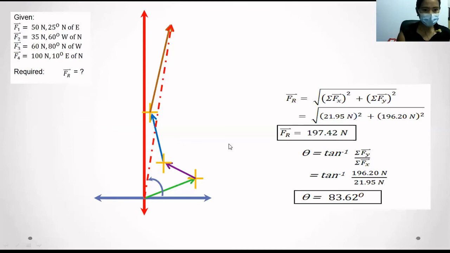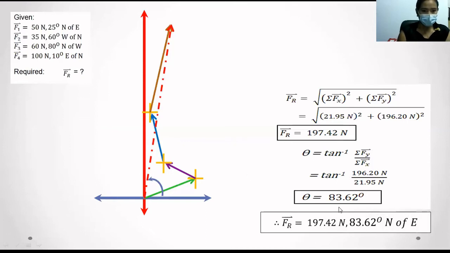Okay, let's continue. Therefore, to summarize, our resultant force would be written as 197.42 newtons, 83.62 degrees north of east.